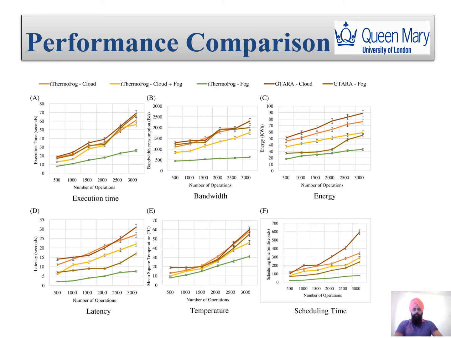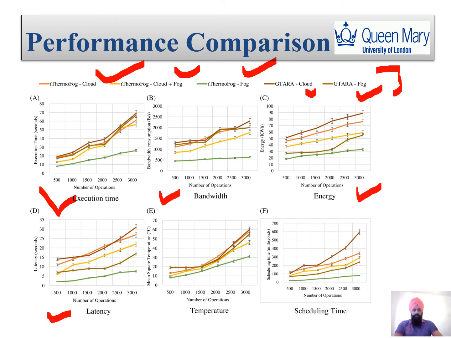We have compared the performance of iThermofog in 5 different scenarios: iThermofog, cloud, cloud plus fog, and only fog. We did the same for the existing technique, that is game theoretic allocation, for cloud as well as for fog. We compared these scenarios using different performance parameters such as execution time, bandwidth, energy, latency, temperature and scheduling time.